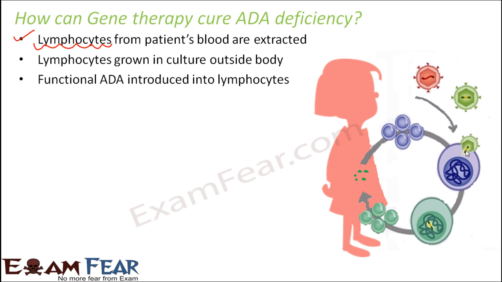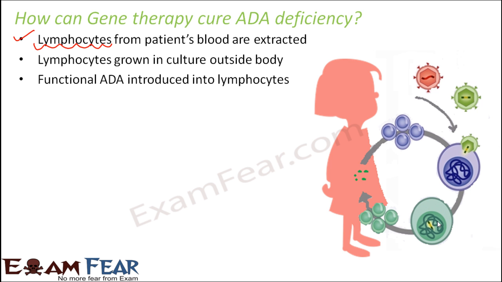So here you see a recombinant DNA is being formed. This gene of interest is introduced into the lymphocytes, and that is where you see the gene of interest has been passed on into the lymphocytes. And what is this gene? This is the gene which is responsible for the production of functional ADA. So it is the same concept of recombinant DNA technology.